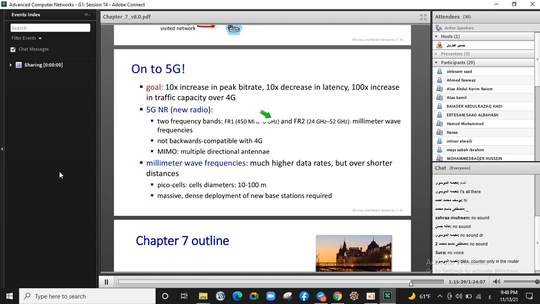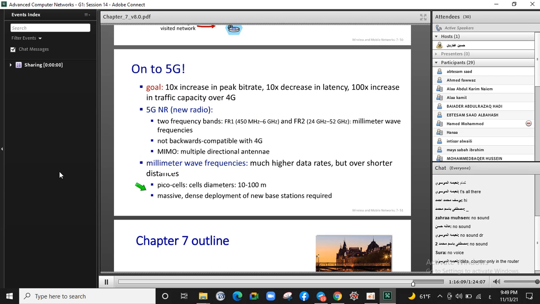So they are not useful for nature, for living bodies. It's very important. Those frequency ranges have lots of power and they are not good for our lives.